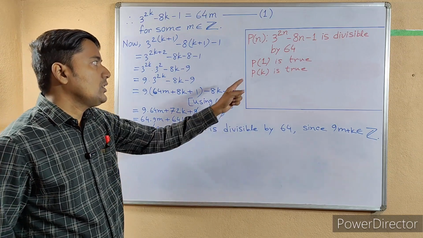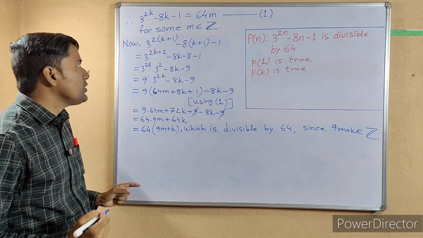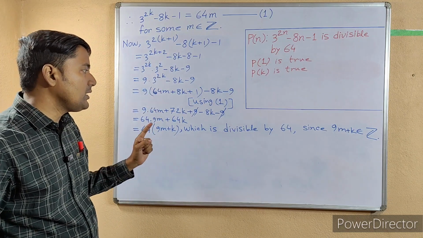We assumed that Pk is true where k belongs to N, and now we see that Pk plus 1 is true.